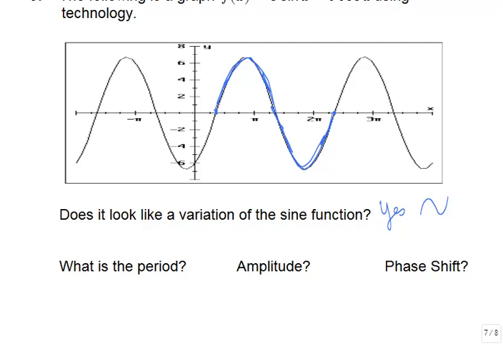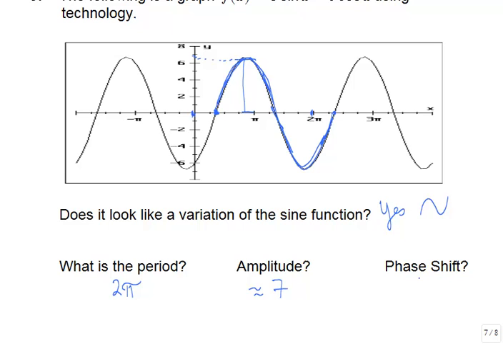Well, from here to here is 2 pi, and notice this hits a little bit after that first dash, and this hits a little bit after that first dash after 2 pi. So this whole length here looks to me like it's got a period of 2 pi. What's the amplitude of this graph? How high does this go? Well, it looks to me like it's maybe around 7 or so, approximately.